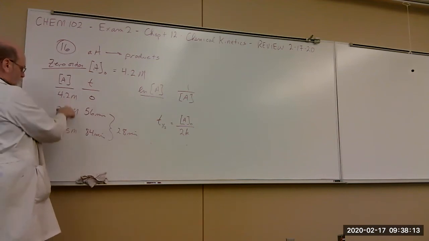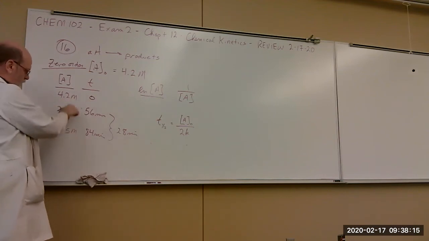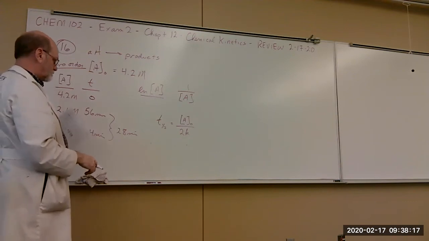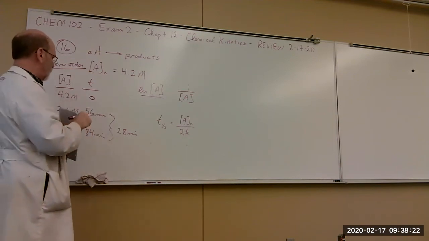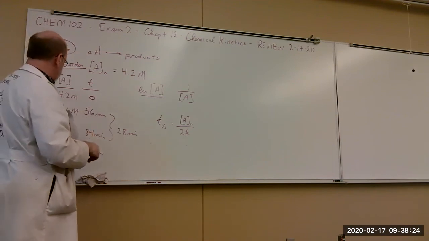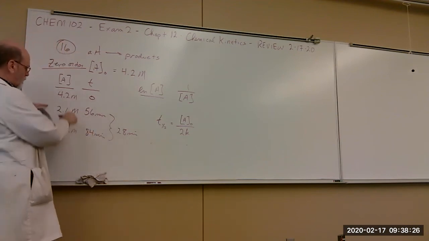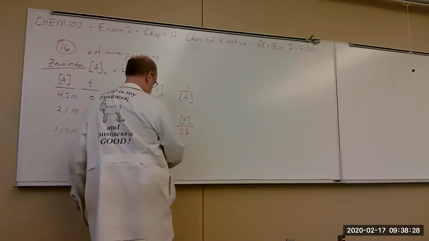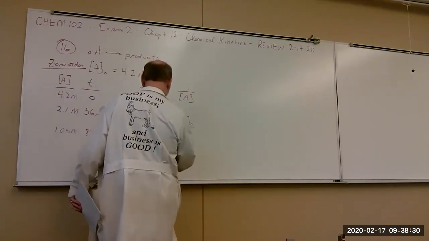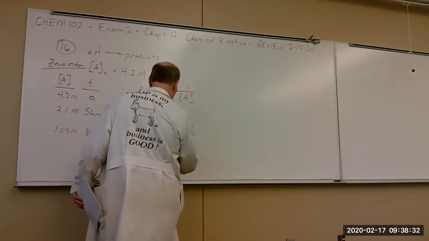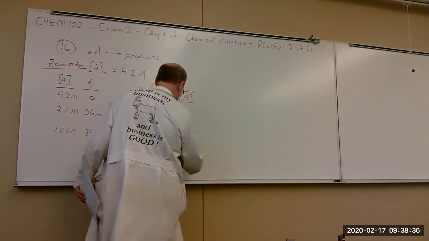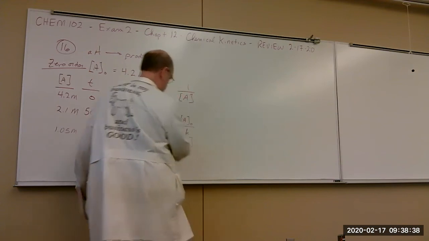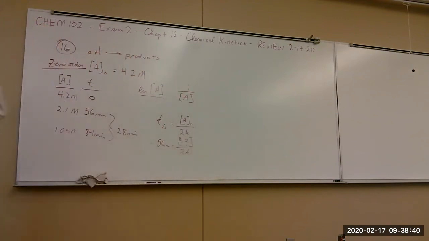You could go from this data set, or you could go from this one, doesn't matter. Or you could go from both of them to check, to be sure I'm not lying to you. And to calculate K, you would say, what's the half-life for 4.2? Well, the half-life for 4.2 would be 56 minutes, would be 4.2 divided by 2 over K, and then solve for K.